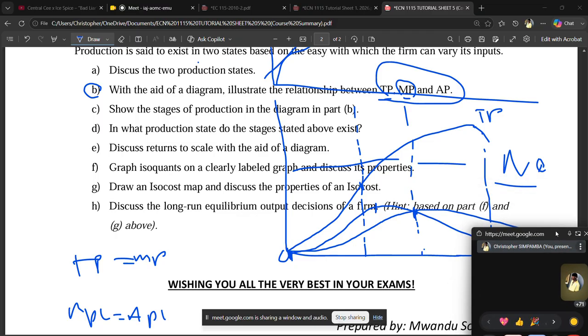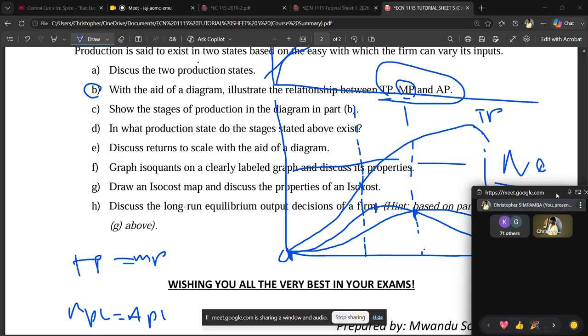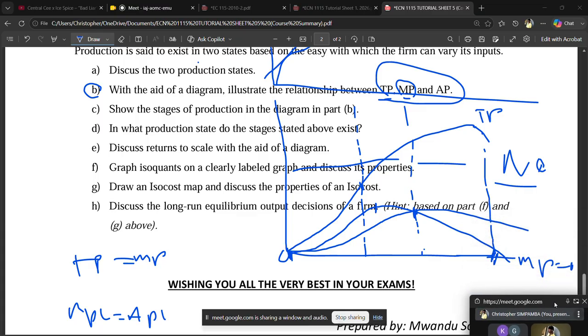I wanted to ask, why is it that this is the diagram that we use for returns to scale, the one that you gave us in the notes for increasing, constant and decreasing? What do you mean? Are you comparing economies of scale or with increasing returns, or what?